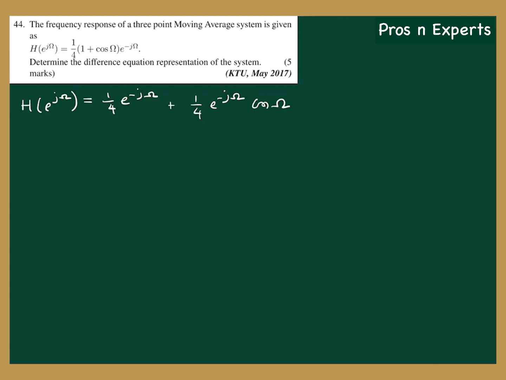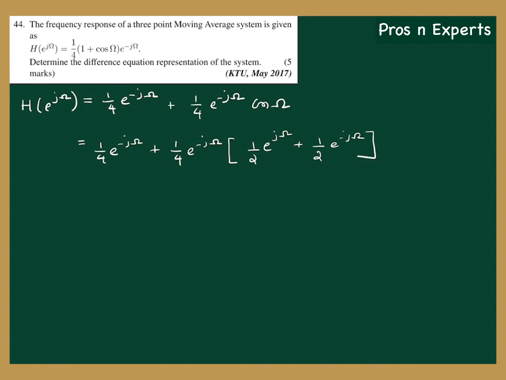This is equal to 1 by 4 e raised to minus j omega plus, in this term the Euler equation becomes handy for replacing cos omega with exponentials, so 1 by 4 e raised to minus j omega as such, but cos omega can be written as 1 by 2 e raised to j omega plus 1 by 2 e raised to minus j omega.